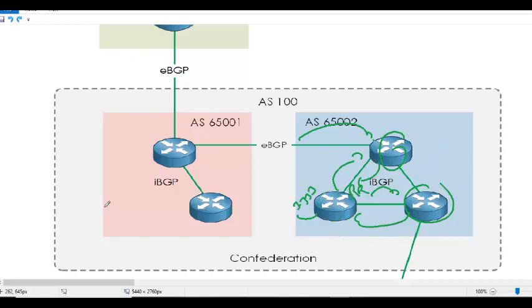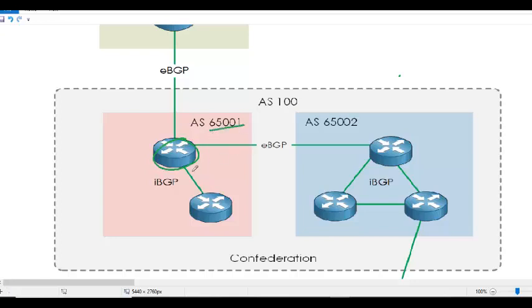It will not be useful for you in the interview, but I'm just telling you. While you configure, this router will be configured with BGP autonomous system 65001, but internally you will say confederation ID 100. So when it forms eBGP, it will only use this ID. But when it forms iBGP, it will use this ID.